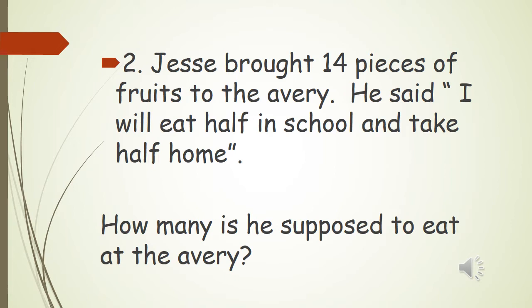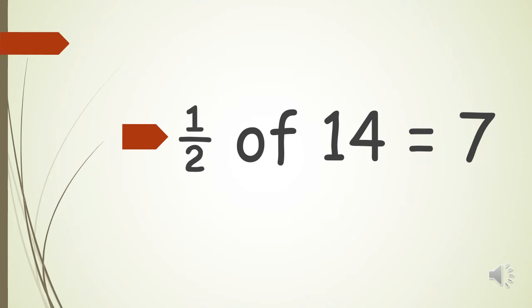How many is he supposed to eat at the aviary? So simply put, 1/2 of 14, and we know it's 7. I know by this time you can just do your halves and your quarters off head because of practice. Well done.